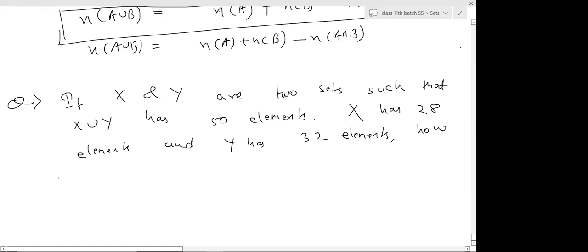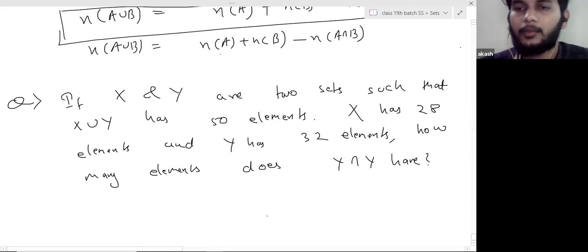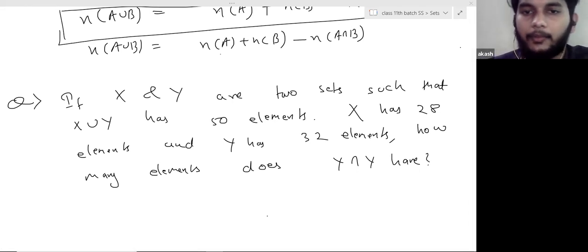How many elements does x intersection y have? All right, very easy question. Try to solve this one. If you cannot, then I will solve. I'll give you a few minutes for this.